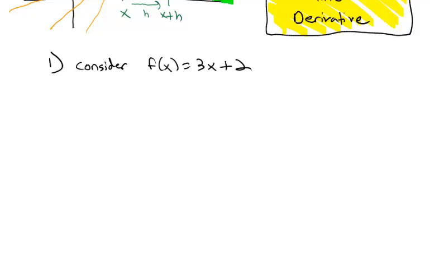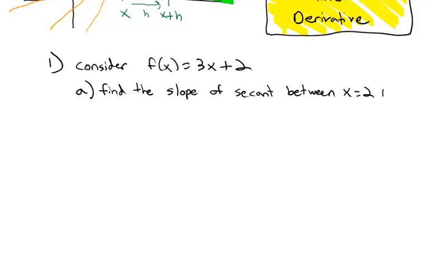Let's first look at a secant line. We're going to find the slope of the secant between x equals 2 and x equals 3.